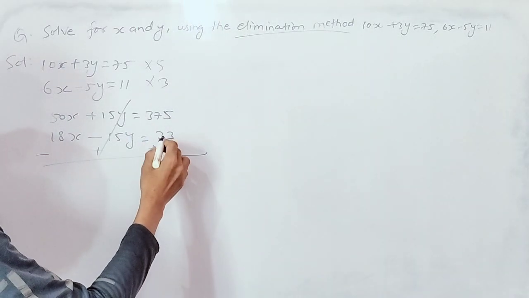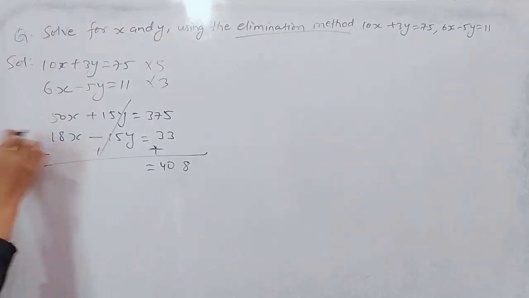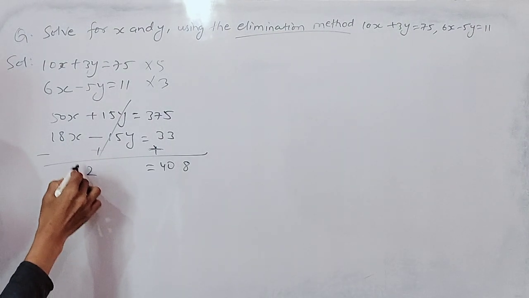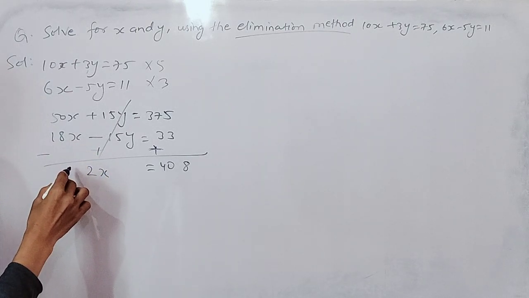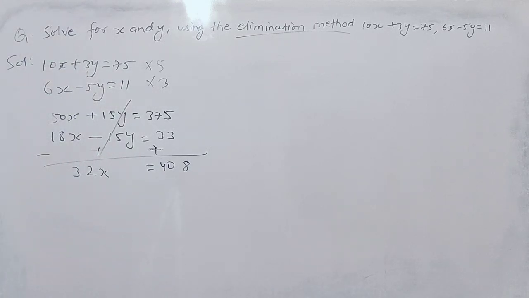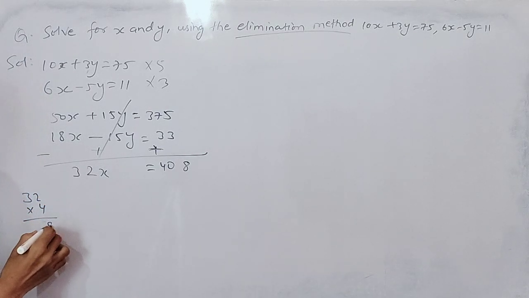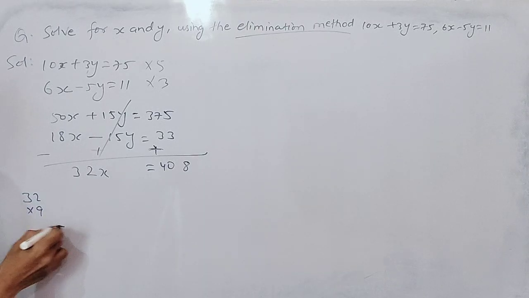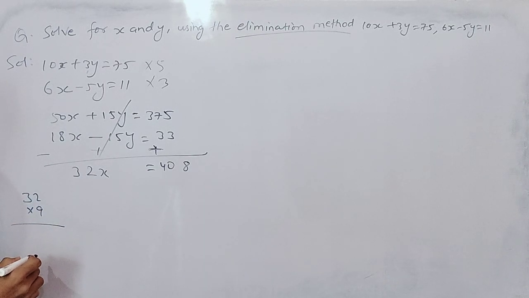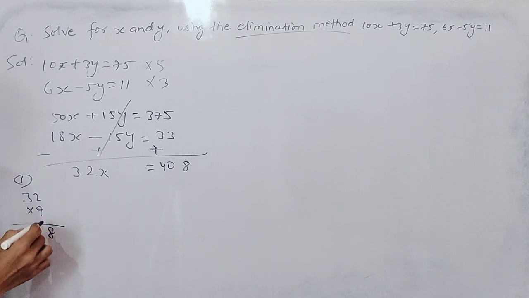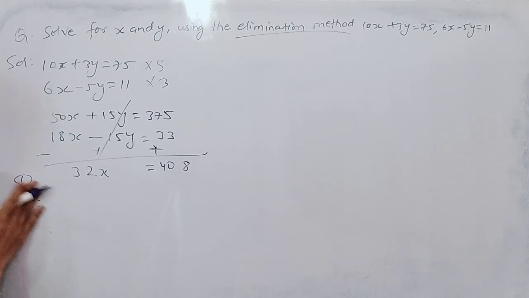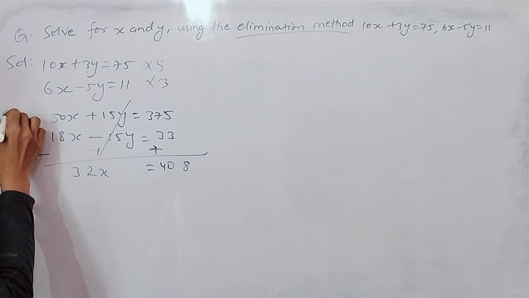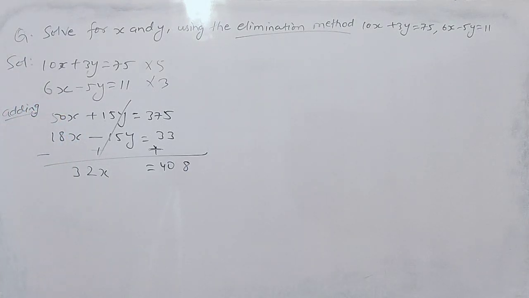Here we are getting 50 plus 18, and 4 minus 32... we are adding.